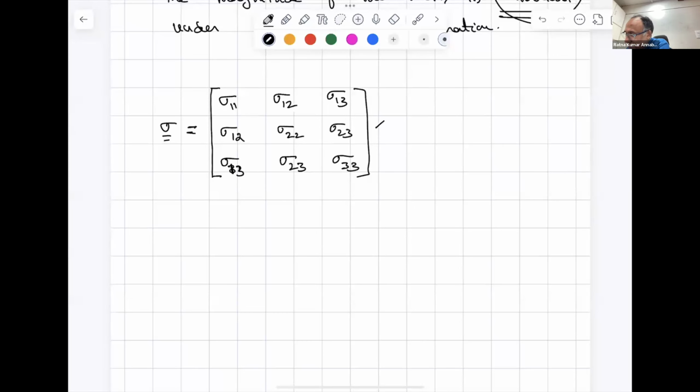Whenever I have written this, it assumes a choice of a coordinate system. I would have chosen my coordinate system to be x1, x2, x3. With respect to this coordinate system, I have written the components, because the first index represents the normal to the surface and the second index represents the direction of the quantity, as we have seen in the previous class.